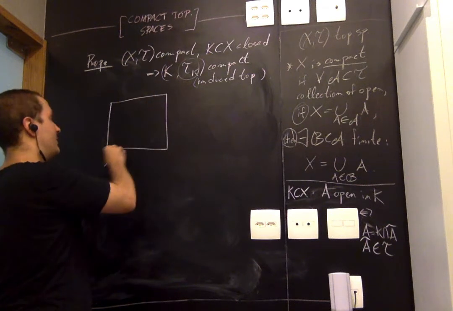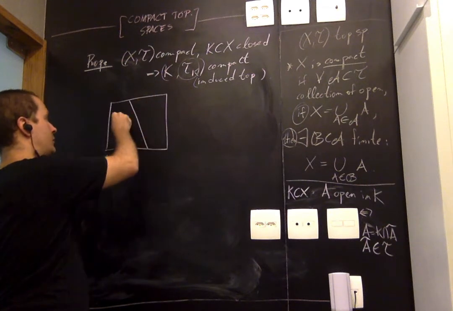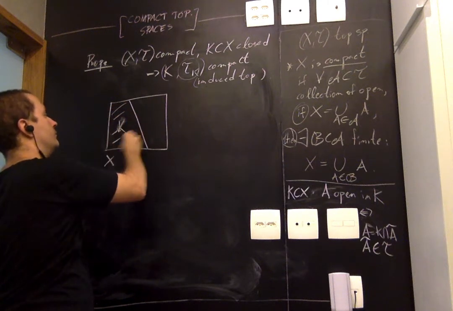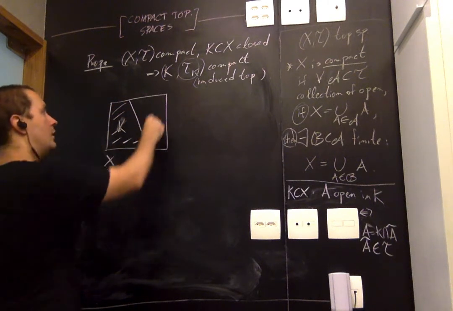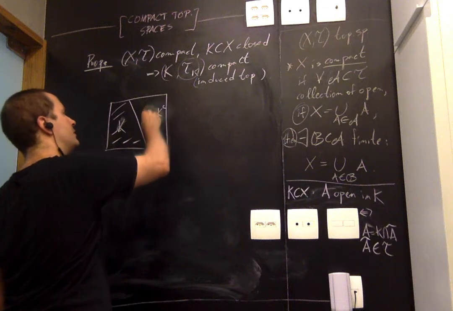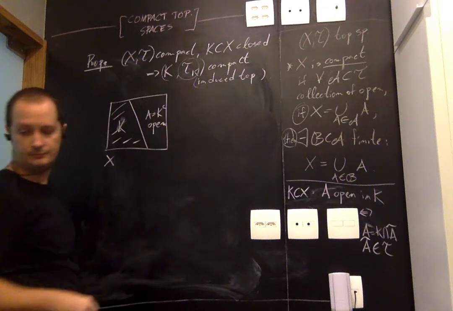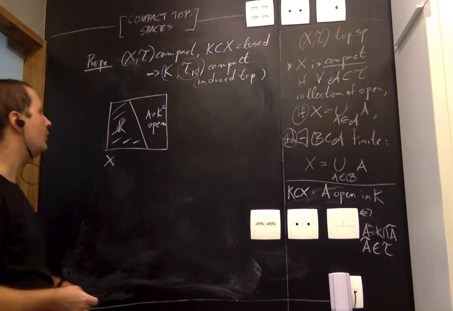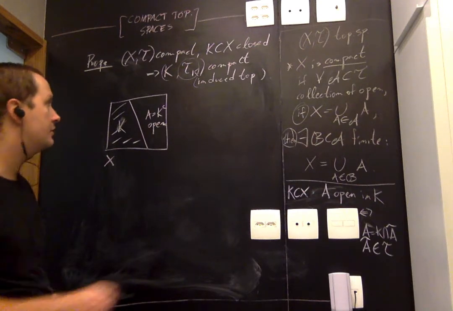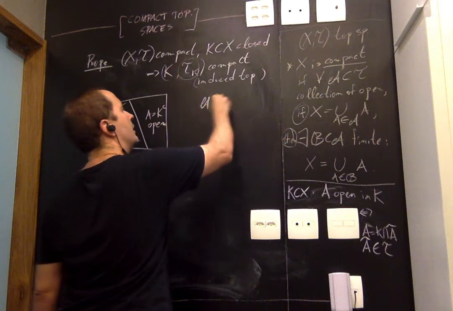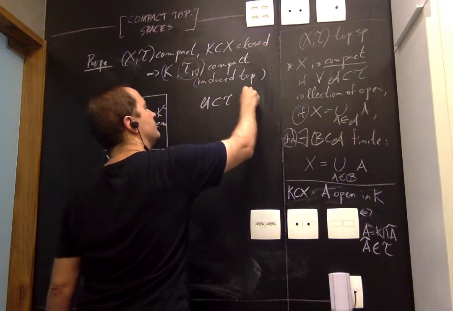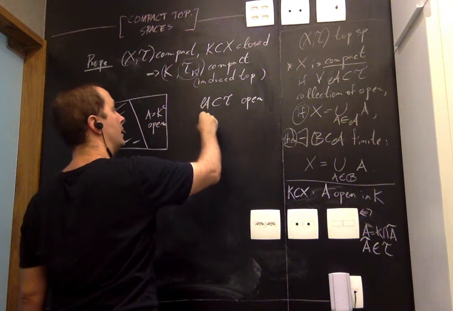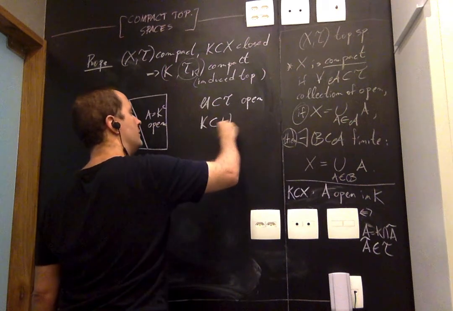So here's my space X, and there's a part of it that I'm considering, which is K. And we're assuming K is closed, therefore A, which is K complement, is open. What do we have to show? As I argued before, we have to show that if we have a collection of open sets of X, right, and K is contained in the union of these guys.